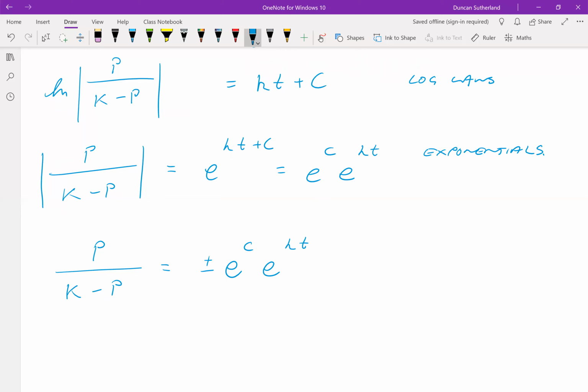Just remember that the absolute value is either plus or minus the argument, depending on whether the argument's positive or negative. Plus and minus, multiplying through by that, it's still just a constant. So we can actually disguise the plus and minus and the absolute values by hiding it in some constant called A.